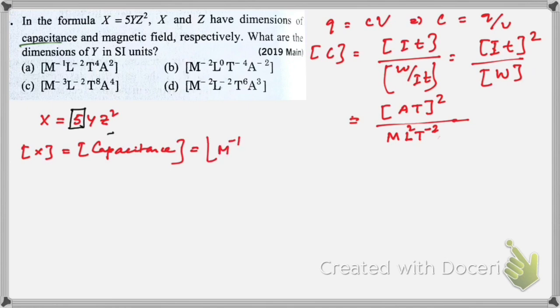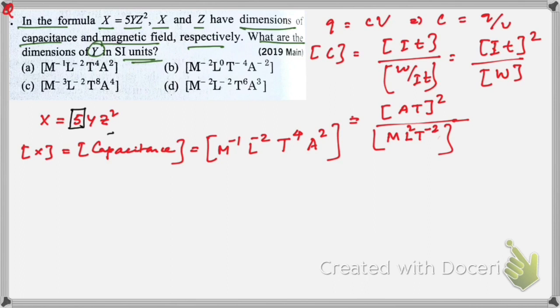In that case, the dimensional formula of capacitance is M to the power minus 1, L to the power minus 2, then T to the power plus 4, then A to the power minus 2, sorry, plus 2, A to the power plus 2, right? So that should be the dimensional formula of x. Let me clean these things.